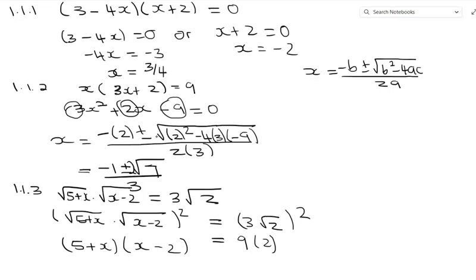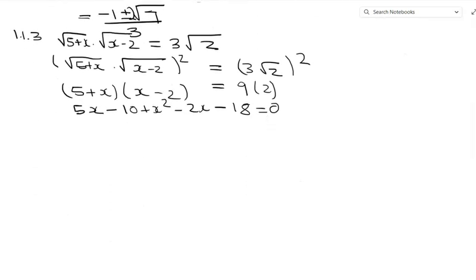And here we're going to be having 5x minus 10 plus x squared minus 2x minus 18 is equal to 0. Okay.